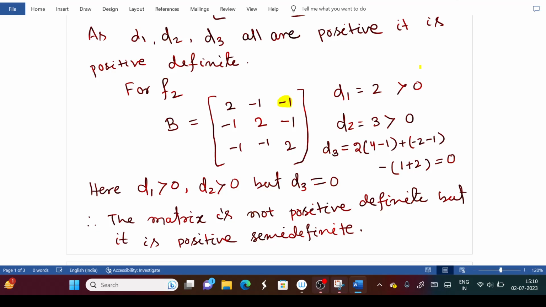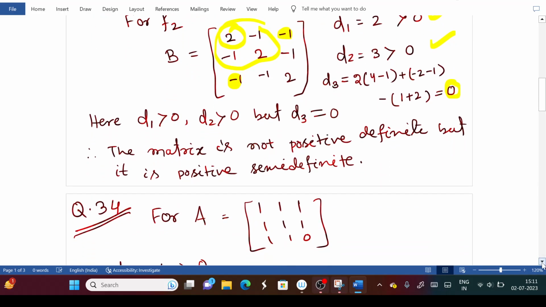In the previous question they were zeros, but here it is 1, minus 1, minus 1. Now in this case, as usual, D1 is positive and D2 is also positive, these two values. But D3 is nothing but 0. So as D3 is 0, it is positive semi-definite, but it is not positive definite. Okay, is it clear? I hope so.